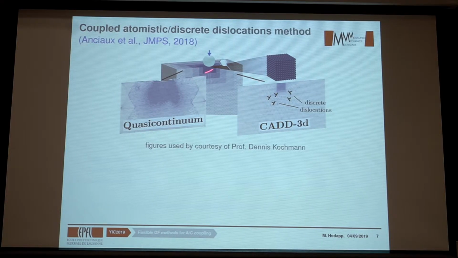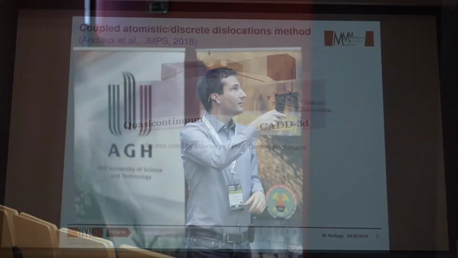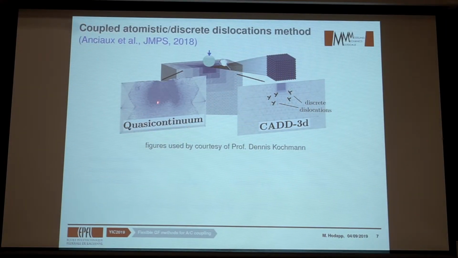If you consider this problem here, this indentation problem, where you apply an indenter to an atomistic region, you can start by modeling this part under the indenter fully atomistically and model the remainder of your domain with a linearized model. The problem with the quasi-continuum approach is that if you have dislocations propagating in the remainder of your domain, you end up eventually with this kind of situation.